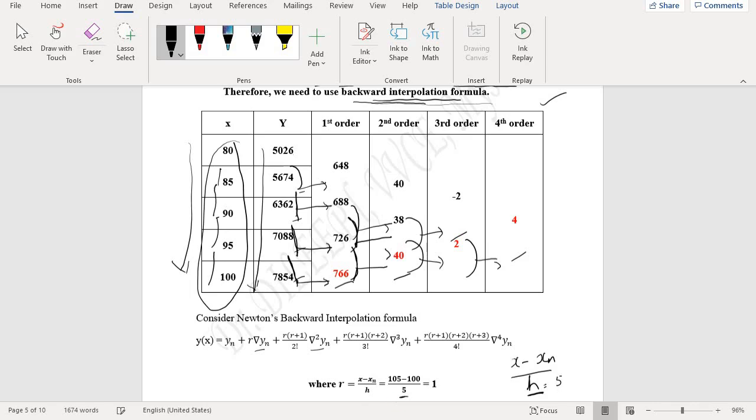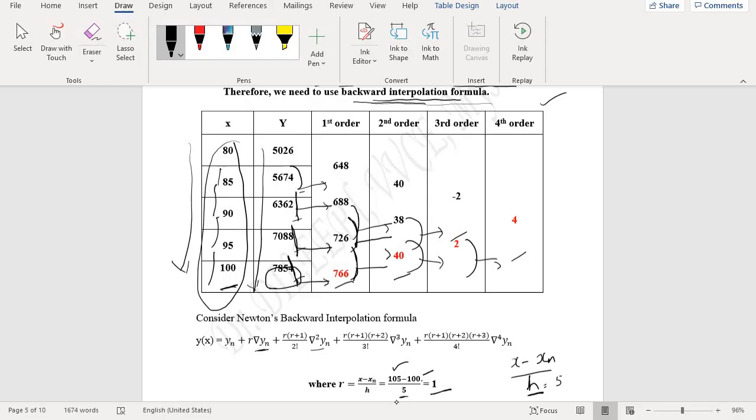At what point am I finding the value of y here? At 105. So consider x is equal to 105. xn, what is the final value of x? 100. So consider that here, you will get r. So substitute r is equal to 1 in the backward interpolation formula. And yn means the last value of y.